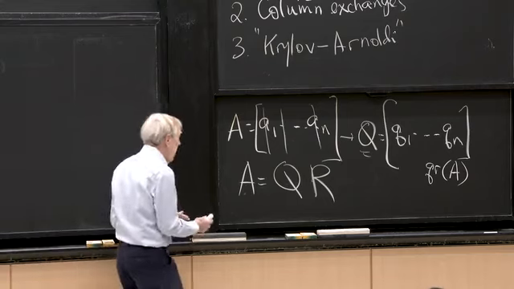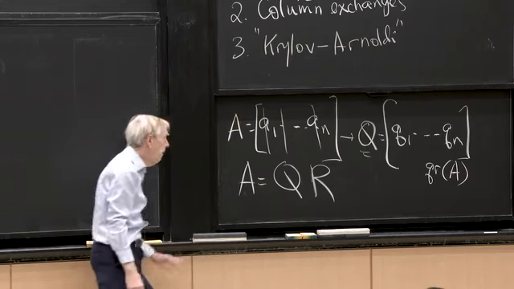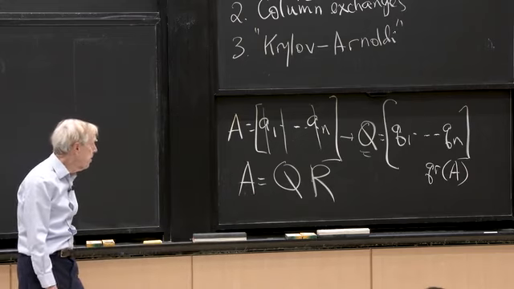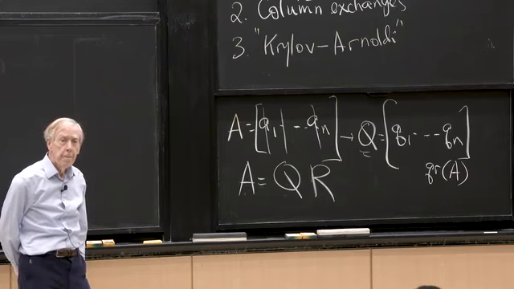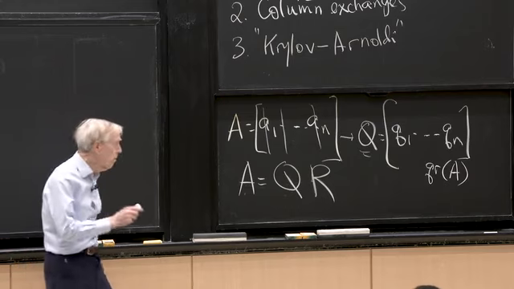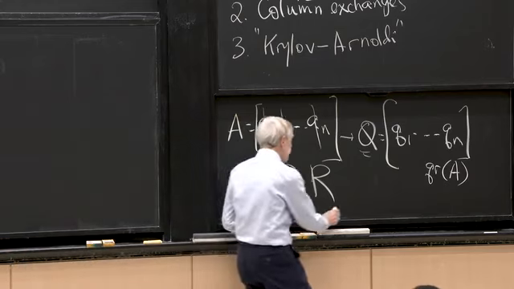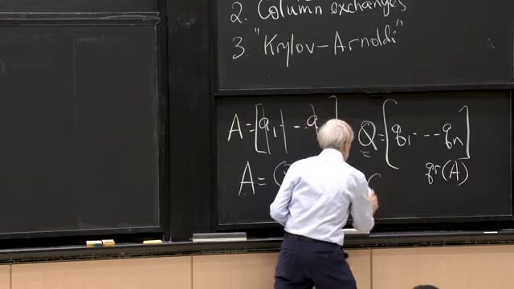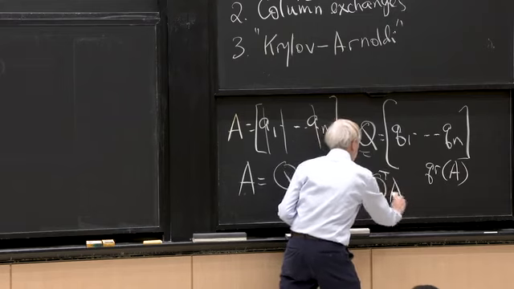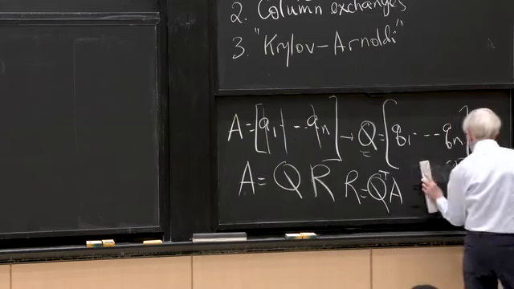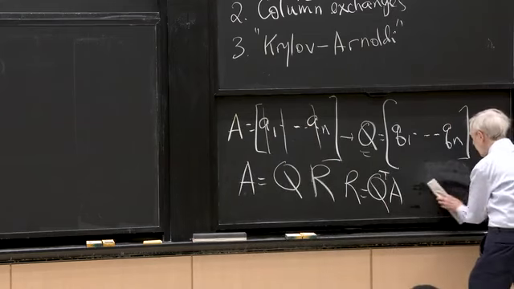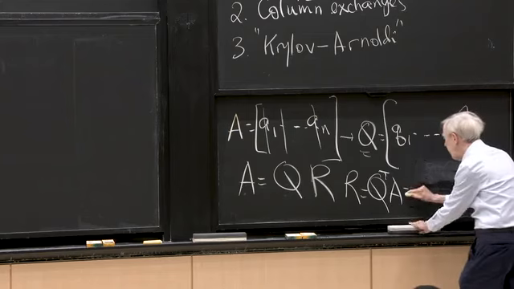Okay, so I'm going to move Q over here as Q inverse. But what is Q inverse? Q transpose, because I've created an orthogonal matrix. So this mysterious R is Q transpose A. Let me make it grow out into matrices.